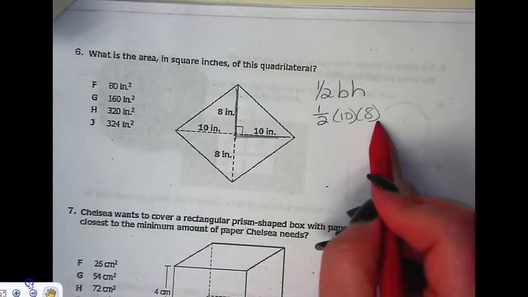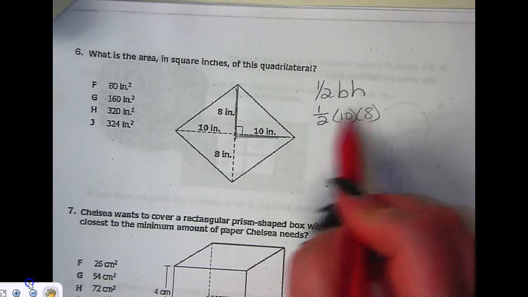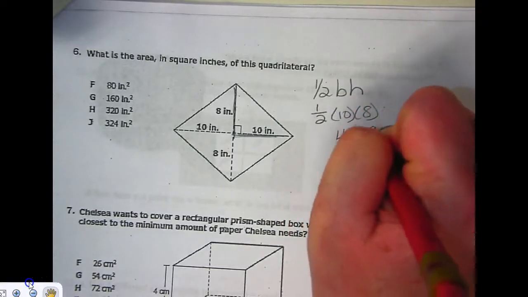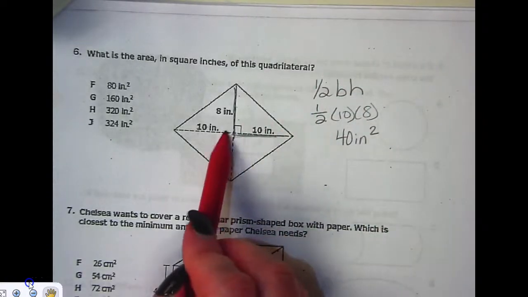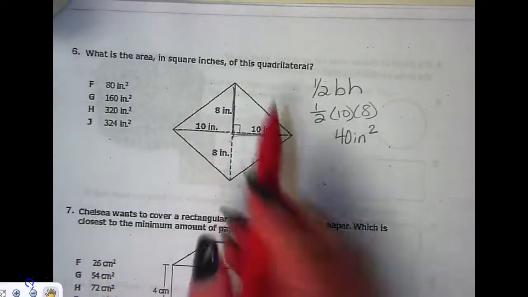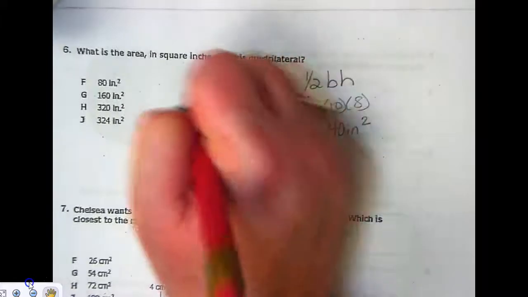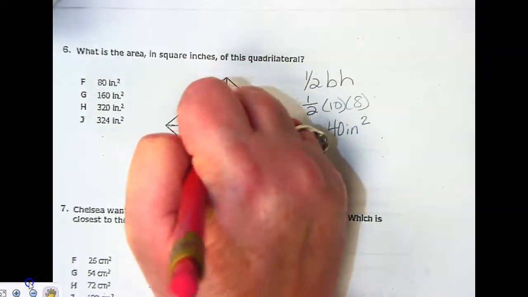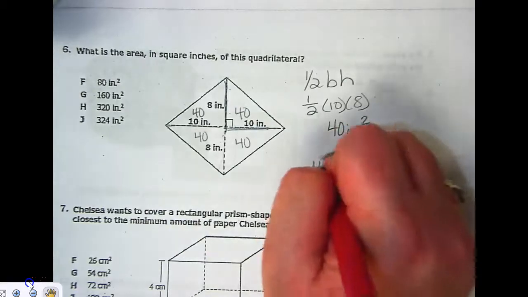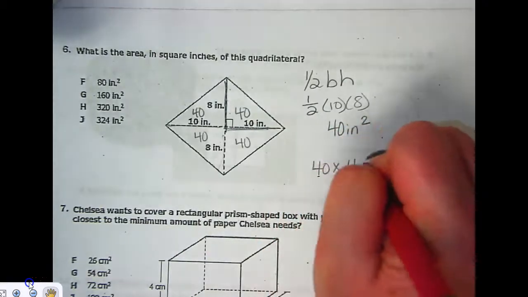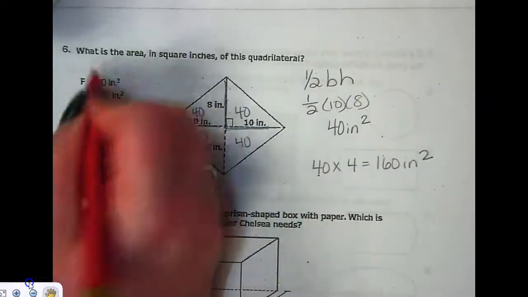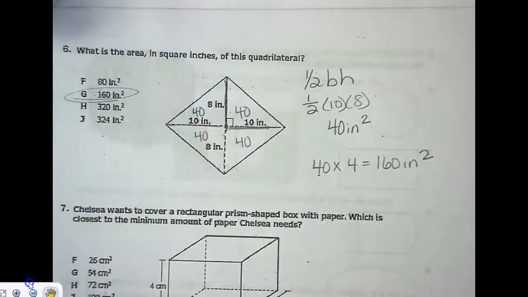And 10 times 8 is 80, and half of that is 40. 40 inches squared. And so they all have the same base and height, and there's 4 of them. So this one is 40, this one is 40, this one is 40, and this one is 40. And so 40 times 4 triangles is 160 inches squared. So your answer is G.